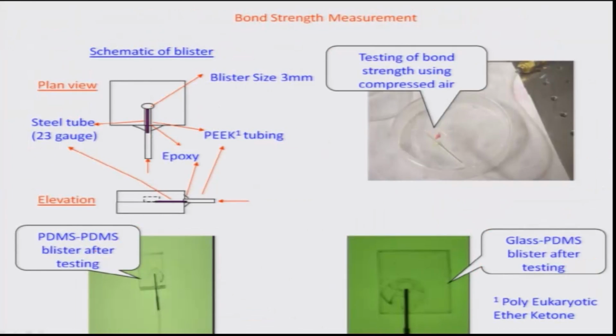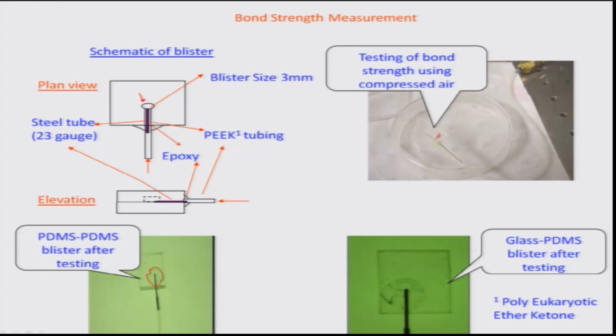The way we did the bond strength studies is through the standardized blister test. So, we generate a pattern and with microfabrication generate a small blister pocket and connect it through compressed air, and under a microscope we shoot in the compressed air and try to see what is the expansion of this blister.